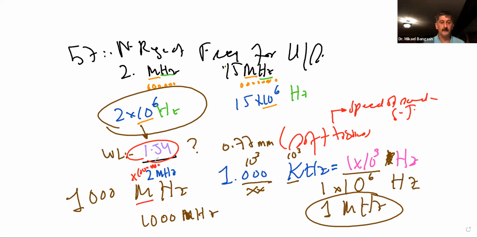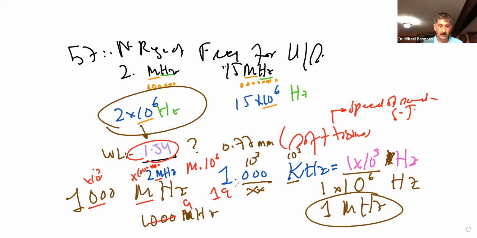Sorry, 1,000,000, right? So you can say 1,000 megahertz is going to be 1 giga, because here this 1,000 is a 10 raised to the power 3 and this mega here is 10 raised to the power 6. Now you add these two, that makes it 1 gigahertz.